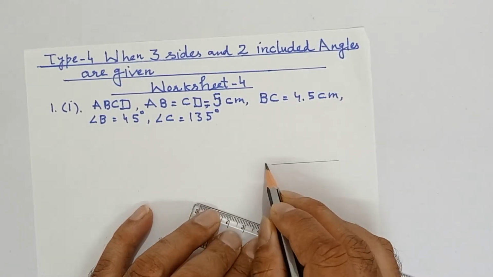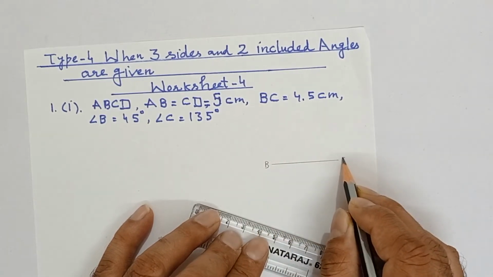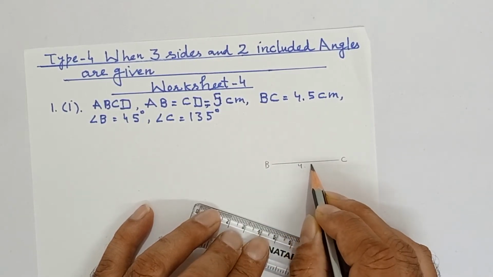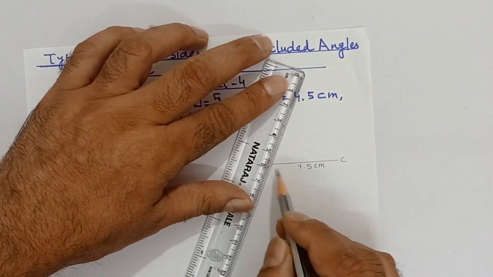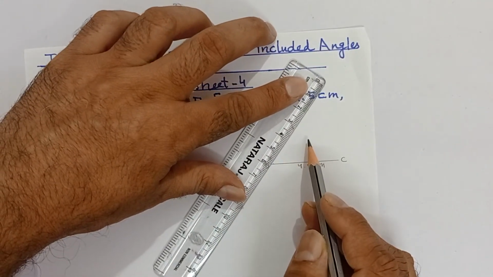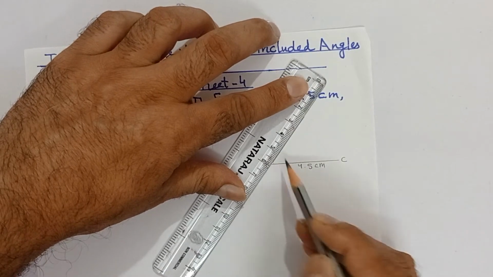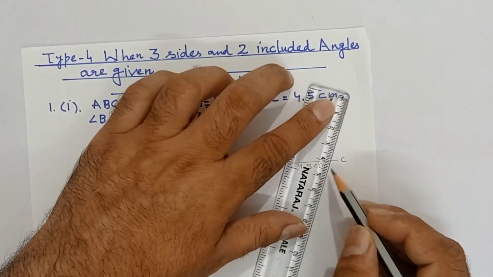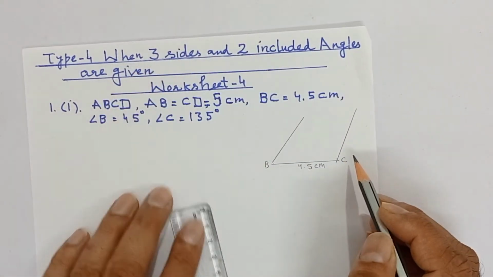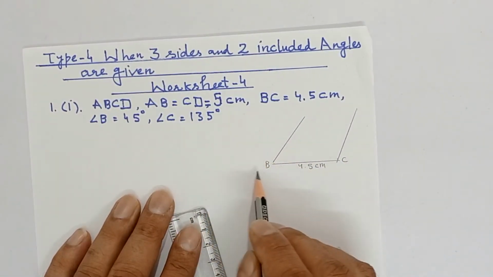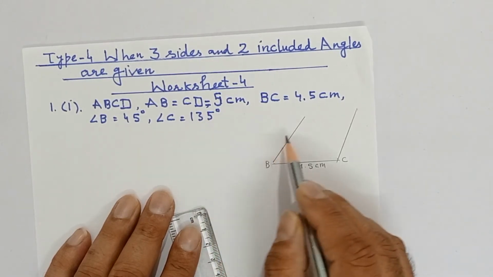BC will be taken 4.5 centimeter. Then angle B will be taken 45 degree, that will be made with the help of compass. 45 degree will be like this. Then angle C 135 degree, it will also be constructed with the help of compass. Then AB is 5 centimeter.